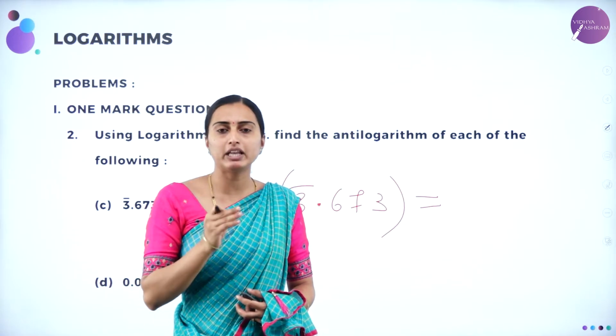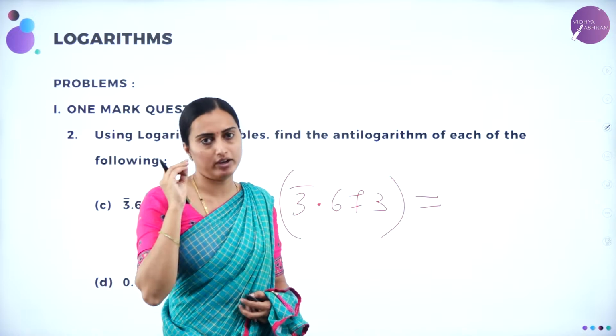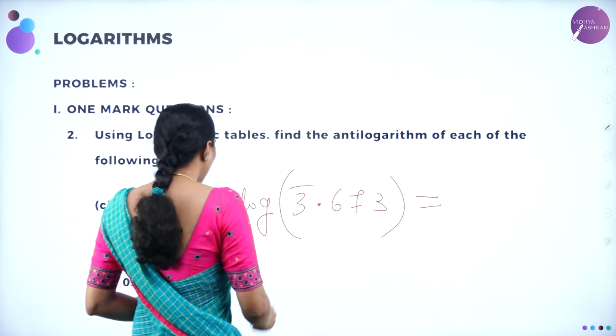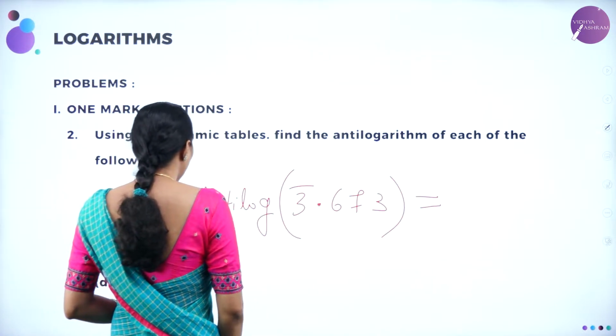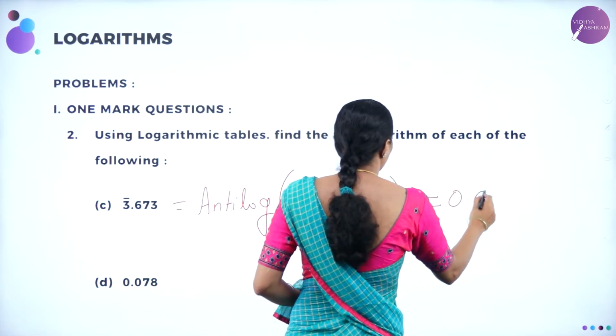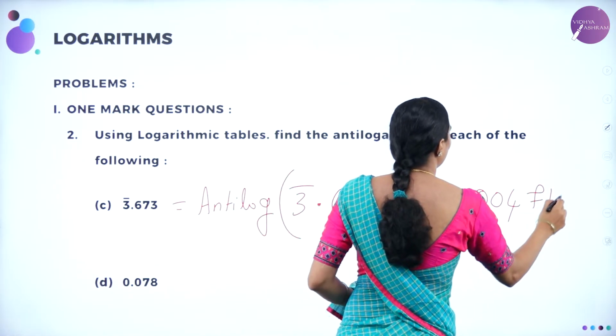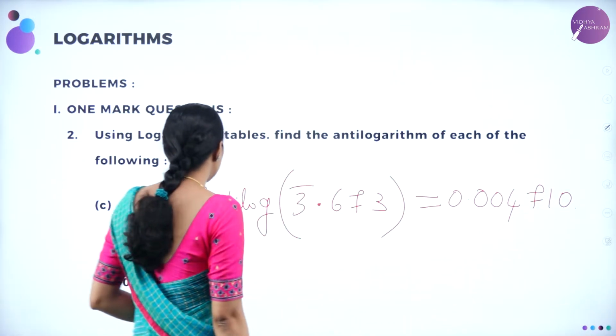Correct? 10 to the power of minus 2 means 0.0. Right? 10 to the power of minus 1 means 0 point. So here the answer will be equal to 0.004710. 4710. This is your answer.